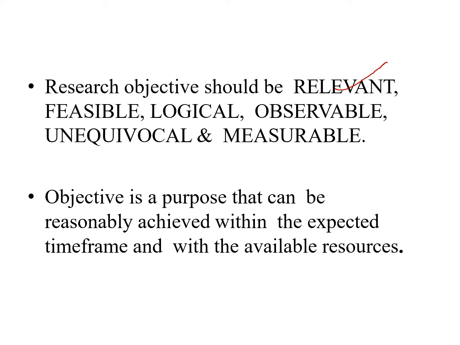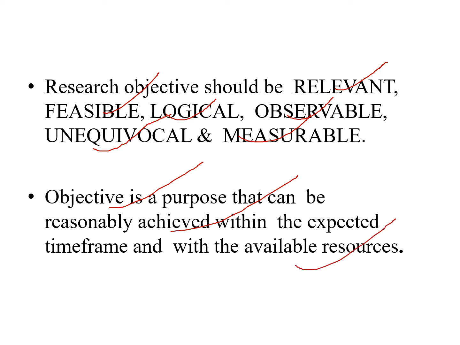It should be related to one another. It should be feasible, logical, and observable. It should be unequivocal as well as measurable. Next, objectives should be reasonably achievable within the expected time frame and with the available resources.